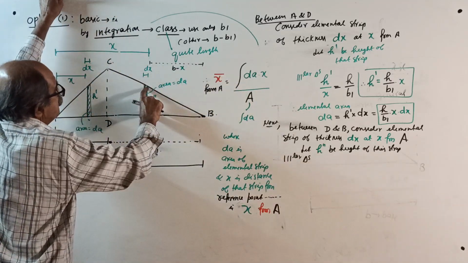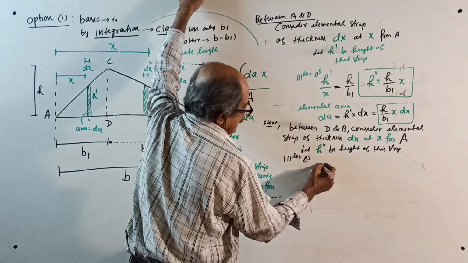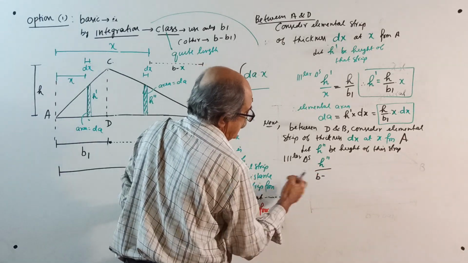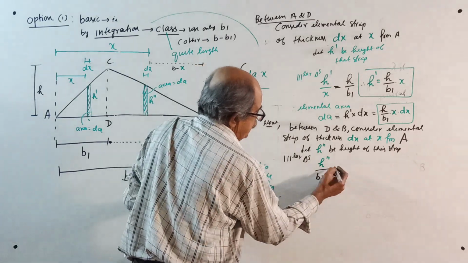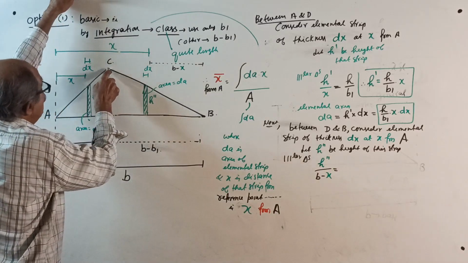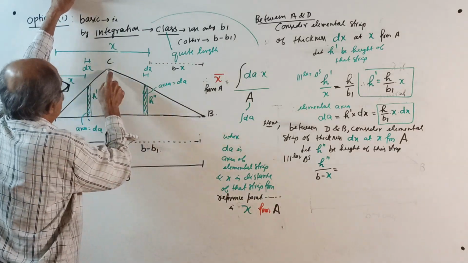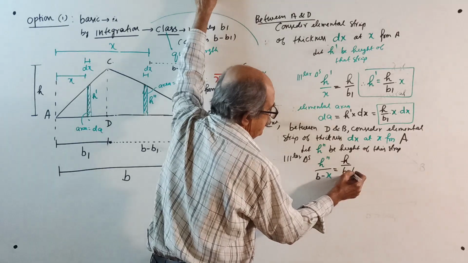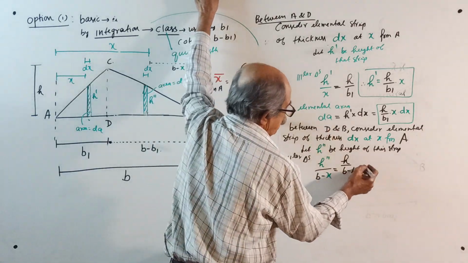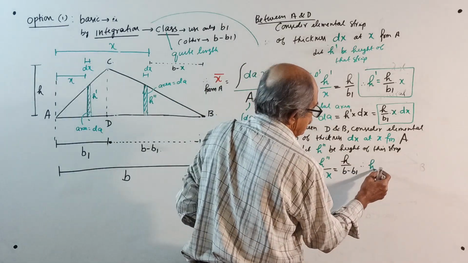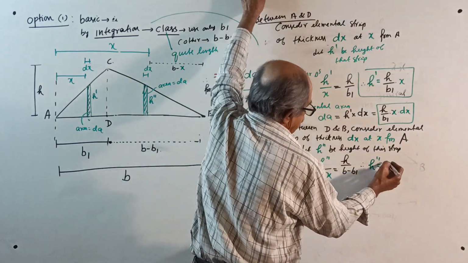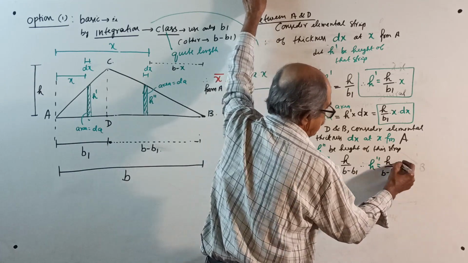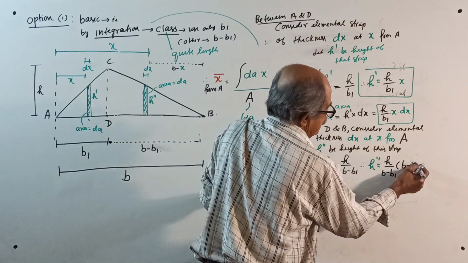Therefore, h double dash divided by b minus x equals h divided by b minus b1. Therefore, h double dash equals h divided by b minus b1 into b minus x.